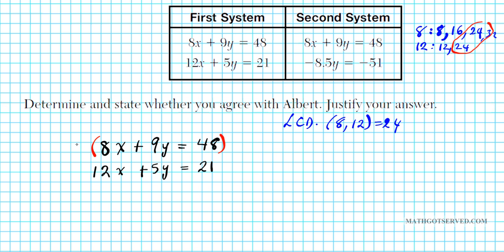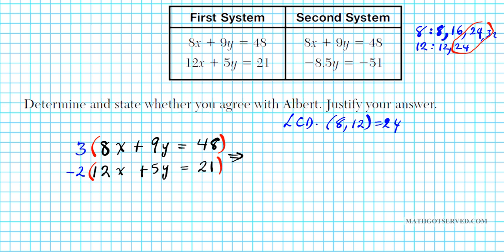So 8 times what is 24? 3, right? Perfect. And then equation 2, what do I multiply 12 by to make it the opposite of 24? What do I multiply 12 by to get negative 24? The answer is negative 2. Okay? Now, when you're distributing here, you have to be careful to ensure that this number is distributed to every single term in this equation. The same applies to negative 2.